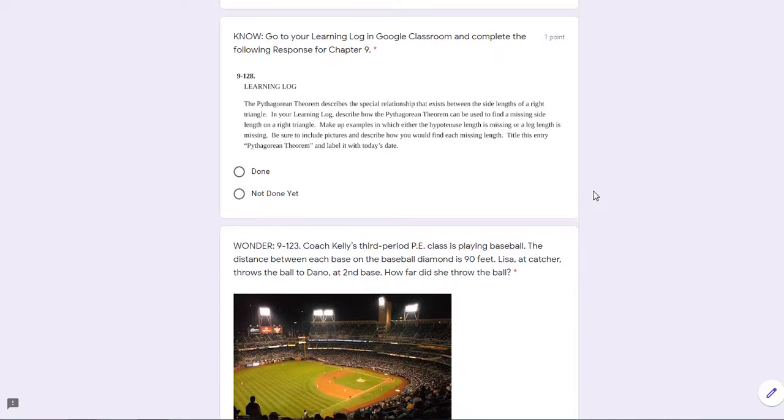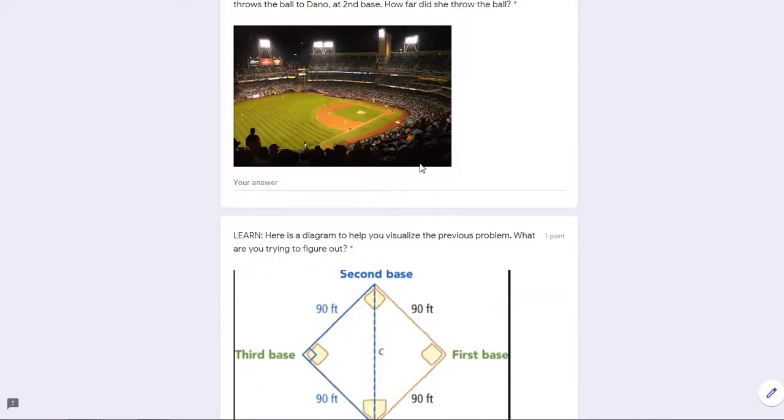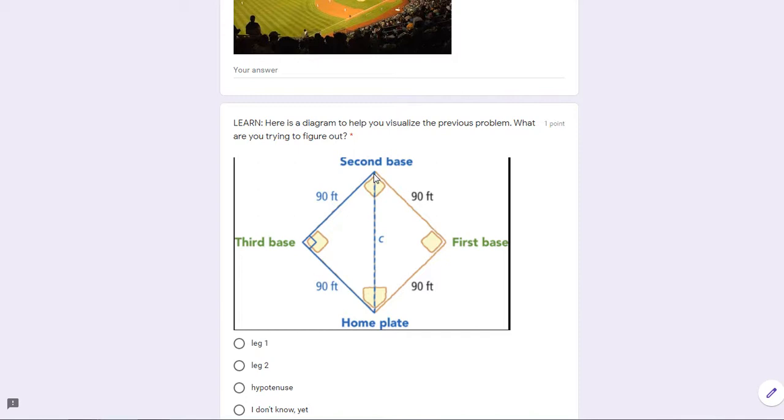Let's check it out. Okay, this is setting up a problem. It's talking about a baseball field, and the bases are each 90 feet apart, and they want to figure out how far the catcher would be throwing from home plate to second. Okay, so understanding that, you will see that your right angle is here.